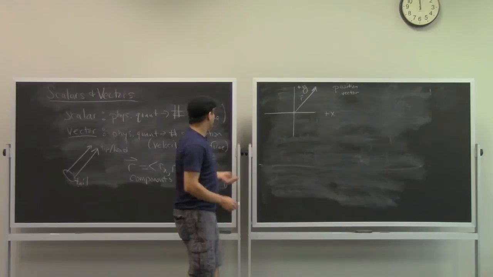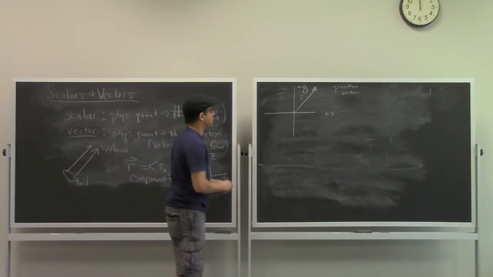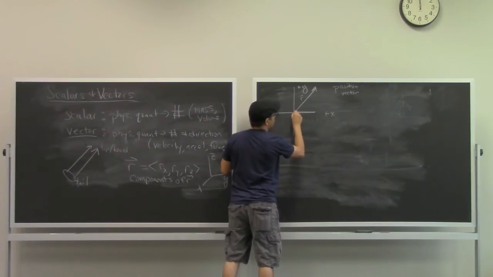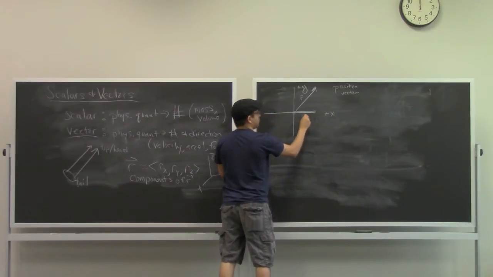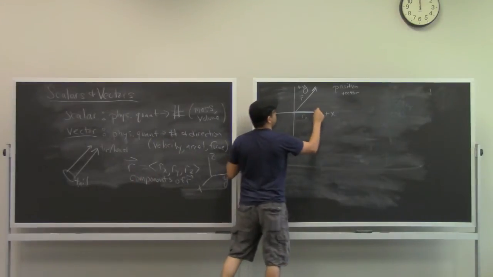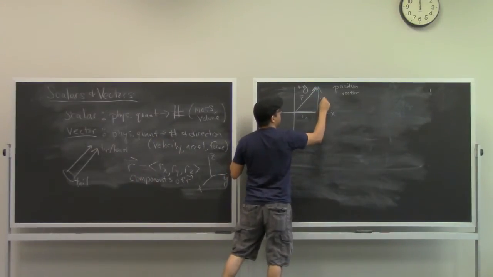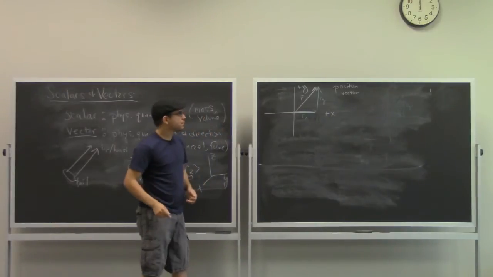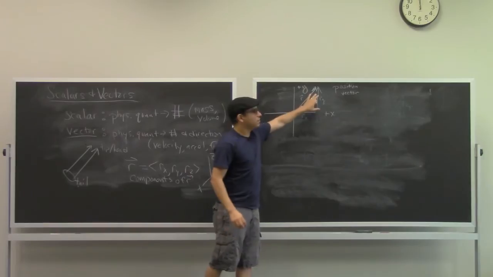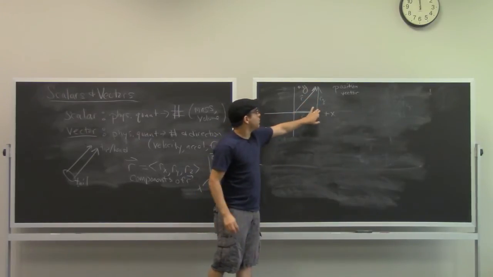Now, if I want to know about the components of the vector r, all I would do is measure along the x-axis how much of this vector is along the x-axis. That's the x component. And how much of this vector is along the y-axis. That's the y component. So in the 2-dimensional space, it's pretty easy to visualize these components.